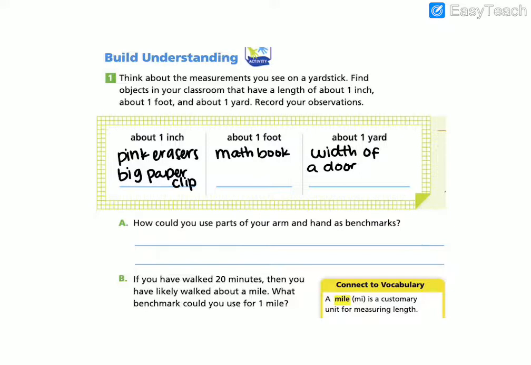So you could draw a picture of your hand here, or you can write to describe it. This distance here is about 1 inch. So you could say the tip of your thumb to the joint of your thumb.